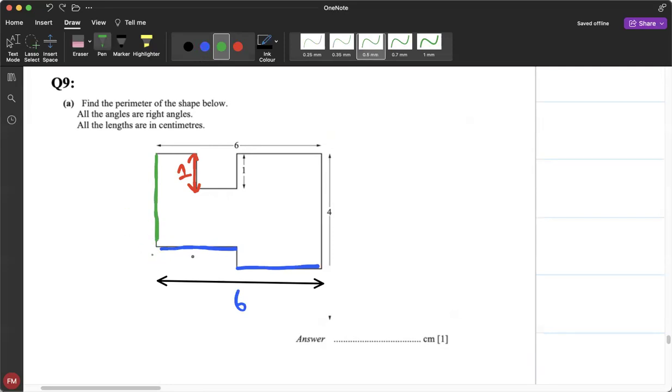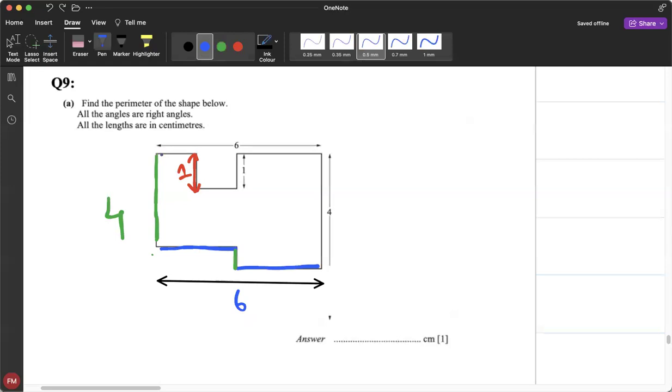So that means this and this, which again, I can bring this over here, this should be equal to 4. So I'm kind of labeling this out. The green side, the whole green, is equal to 4. That means this and this tiny part, because I know opposite sides are equal. In a similar way, I know the blue side and this blue side is also equal to 6.